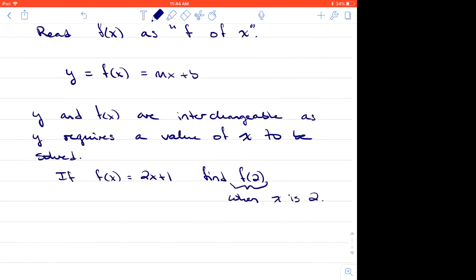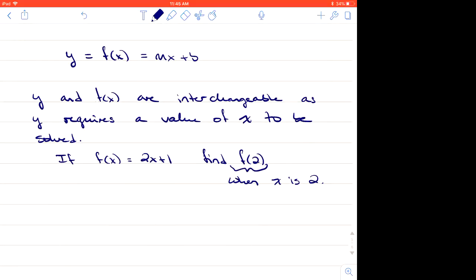So f of 2 would be 2 times 2 plus 1. Skip straight to 5. I shouldn't. 2 times 2 is 4 plus 1.